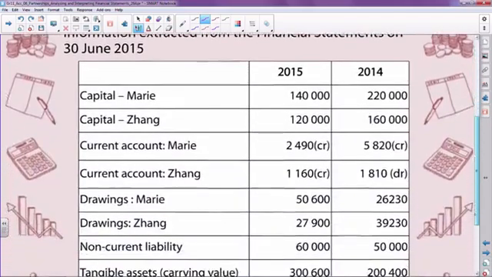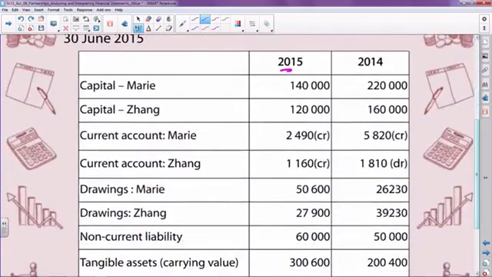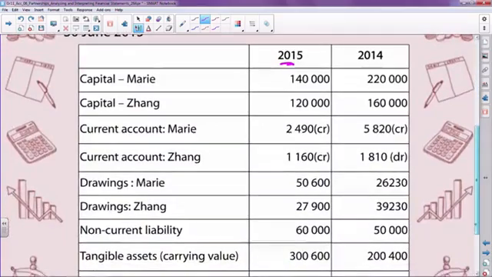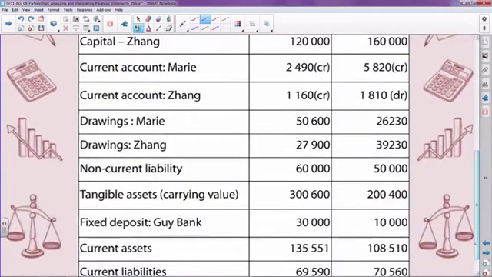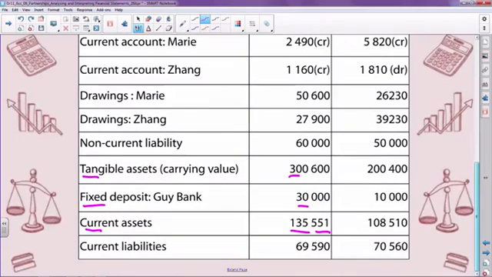Okay, so the balance sheet 2015. So my total assets will be my non-current assets. So there I've got a non-current asset, tangible asset at carrying value. Then my fixed deposit, 30,000. Current assets, 135,551.